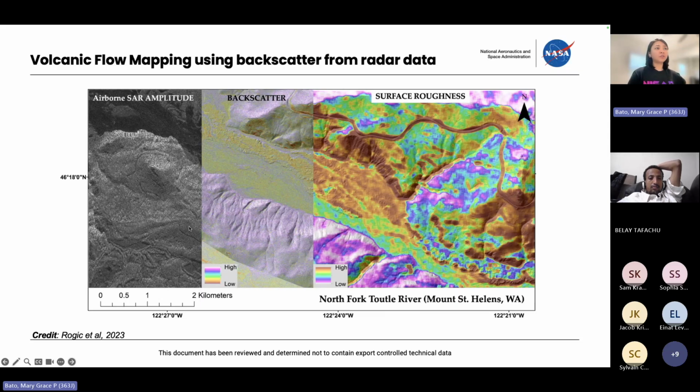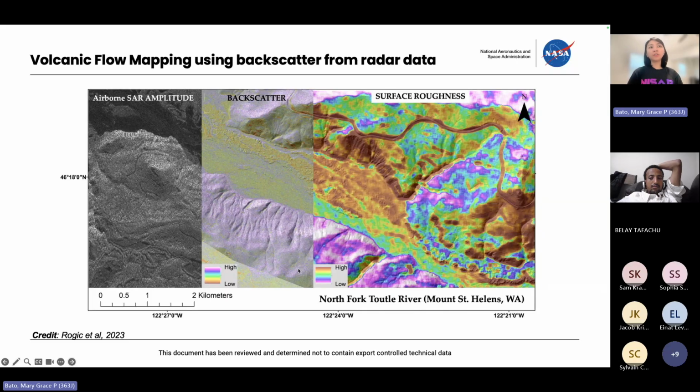This is an airborne SAR amplitude data. You can see again, it's just a speckly, black and white image. But if you combine different polarizations and use, for example, the red band as VV, the green as VH, and the ratio as the blue band, then you can have something like this. Or this one, where they use different colors.